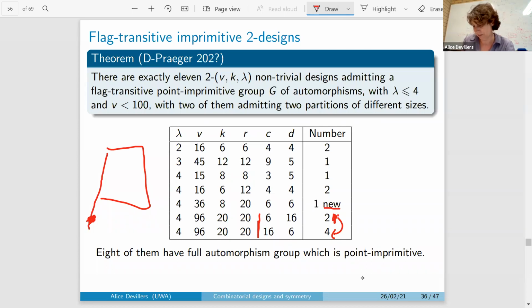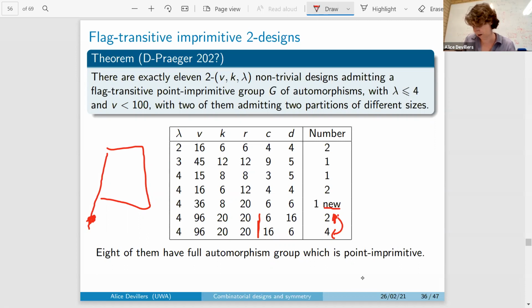Let me see, I'm looking at the book. The first one where I have a 0 is with v equals 15 and k equals 5 and lambda equals 2. And there's a few zeros.